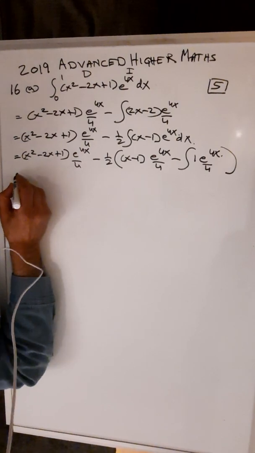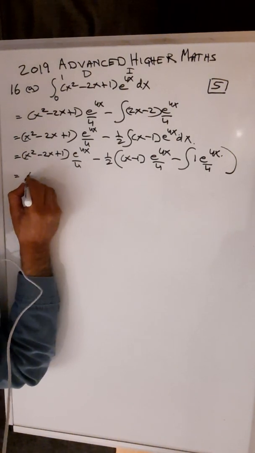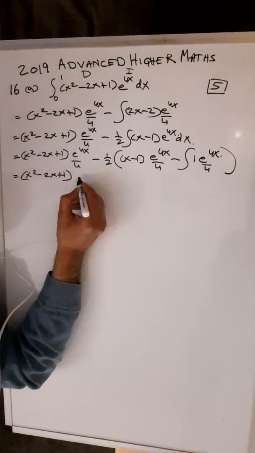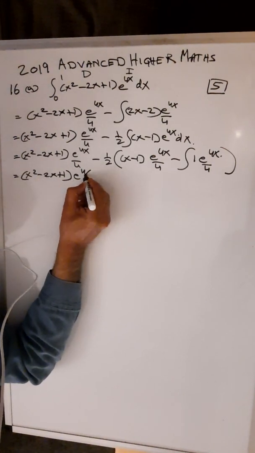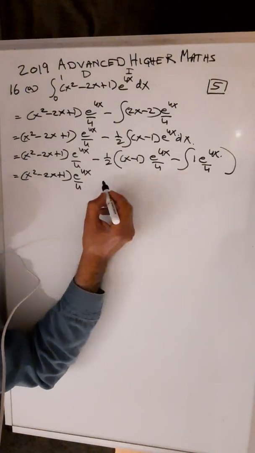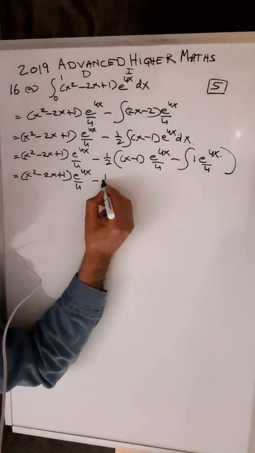Okay, now this is x squared minus 2x plus 1, e to the 4x over 4. This minus a half times 4 is minus 1 over 8.